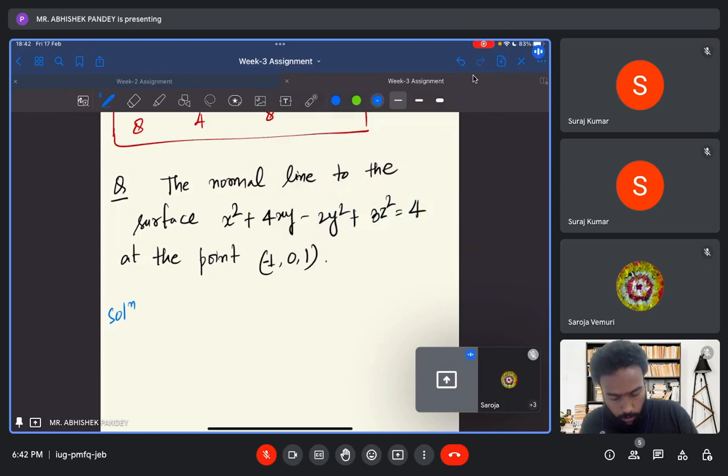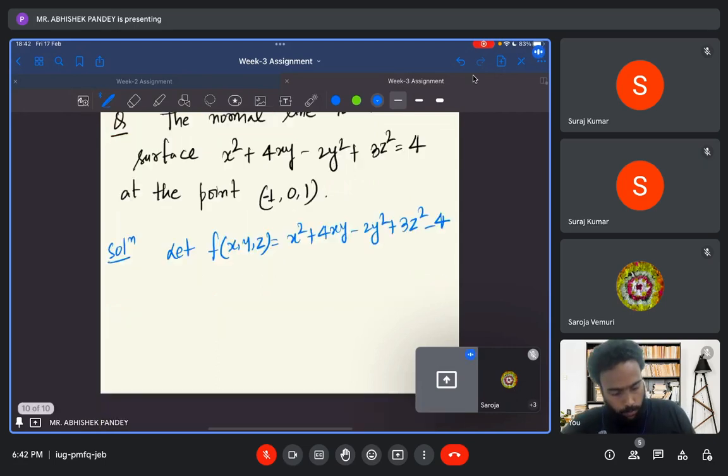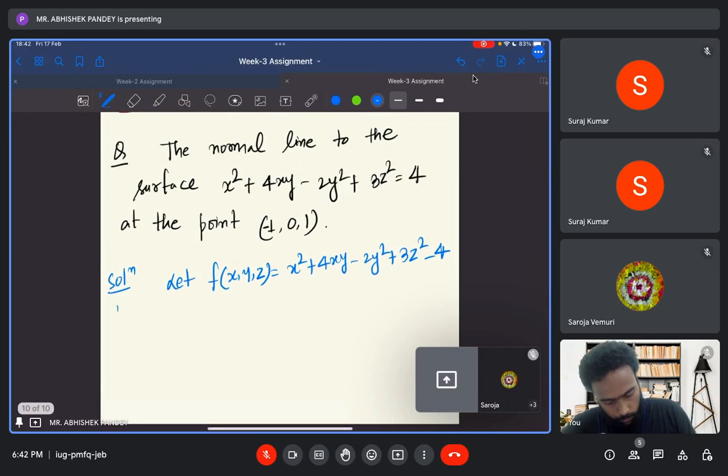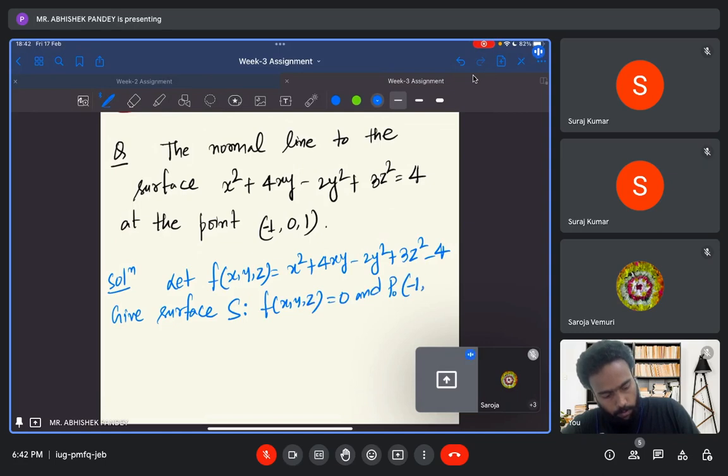The solution is, let f of x, y, z equal x square plus 4xy minus 2y square plus 3z square minus 4. Okay, so the surface S is nothing but f of x, y, z equals 0, and the point p naught is (-1, 0, 1).